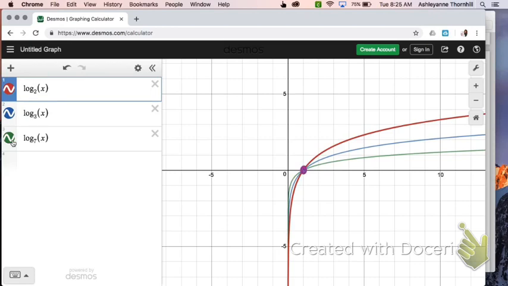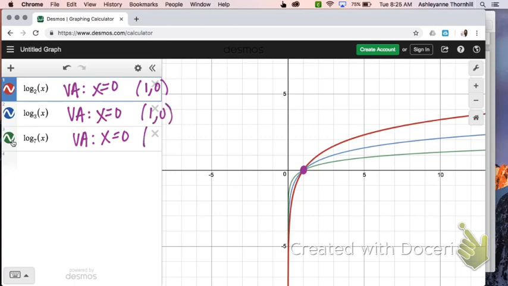The same. What do you notice about the asymptote for all of it? All the same. So they all have a vertical asymptote at x equals 0. And they all have the point 1, 0. What is the only difference that you see? Like, a log base 2 kind of has a slope that's more upward. As your base is increasing, it's getting almost more flat, like wider, I guess.